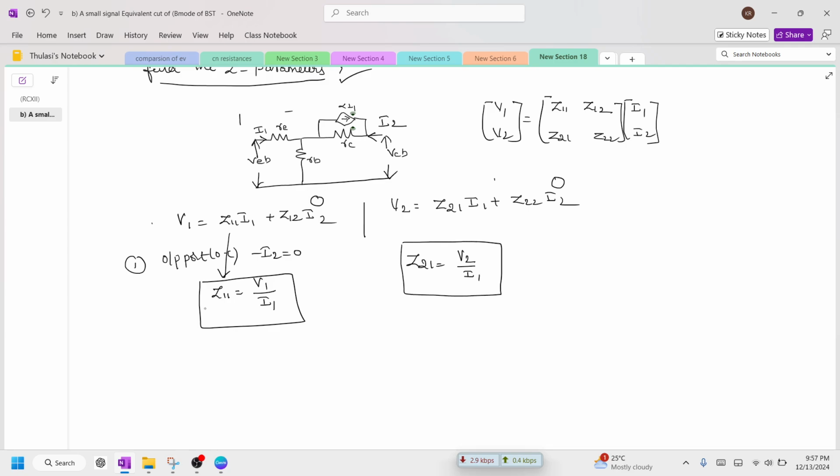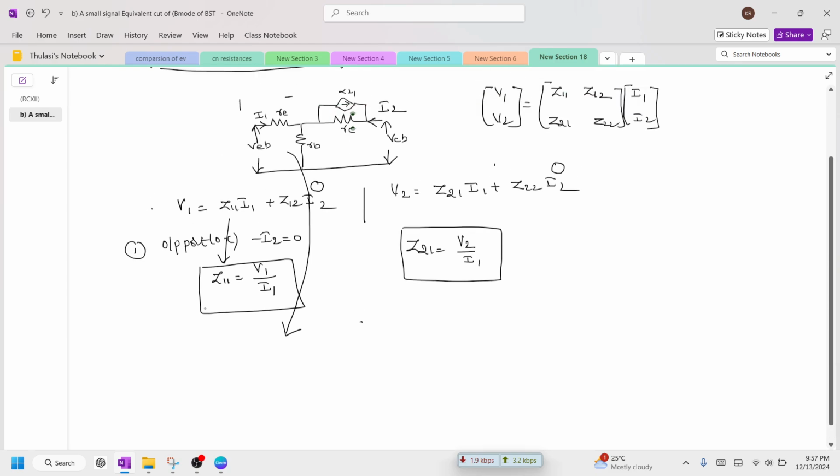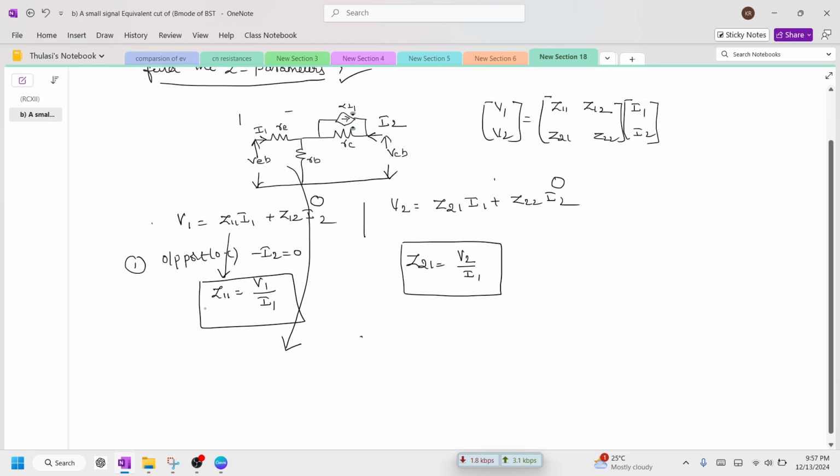Okay. So now I am going to redraw the network in a simplified fashion, such a way that you can understand better. Here I am going to change the input voltage as V1, and this has some RE, and this has some R base.